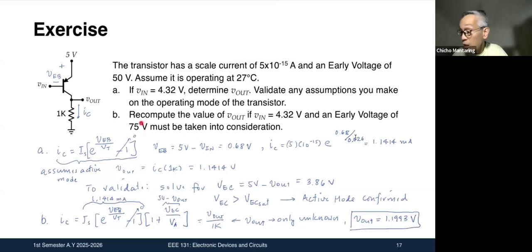Mr. Kirk asks: recompute the value of V out if V in is 4.32 volts and an early voltage of 75 volts must be taken into consideration. So the early voltage that you are provided here is 75 volts, not 50 volts.